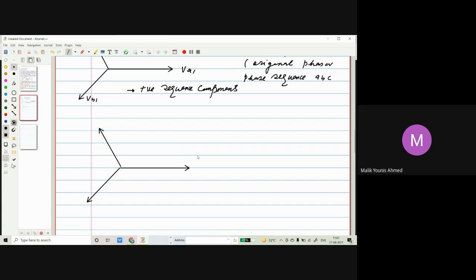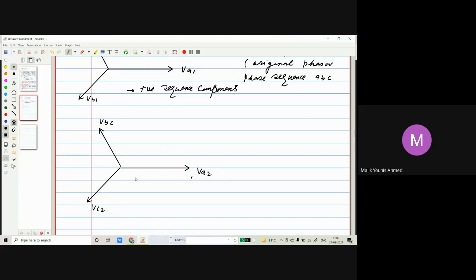So now we will have VA2, VB2, and VC2. Now, if we consider the clockwise direction for the original phasor, it will be opposite to that. It will go counterclockwise. Now, you can see it's going counterclockwise, A, B coming here, opposite that of clock.